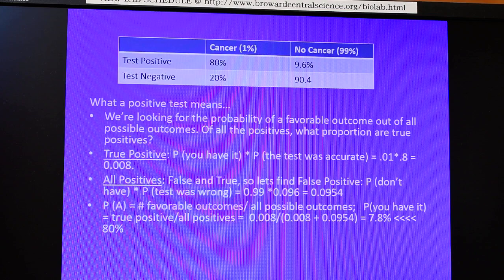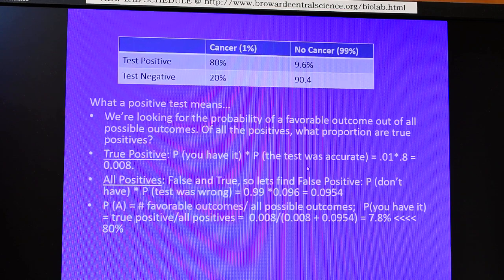Then they think, oh my God, I've almost certainly got cancer, I need to have surgery. Well, not so fast, because you have to take into account how common the cancer is, and you have to know how frequently you get these false positives. With that information, then you can figure out exactly how likely it is that you have this. So the same thing is happening currently with the spread of COVID-19.